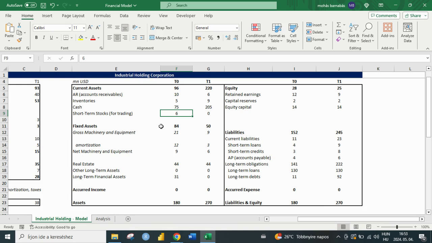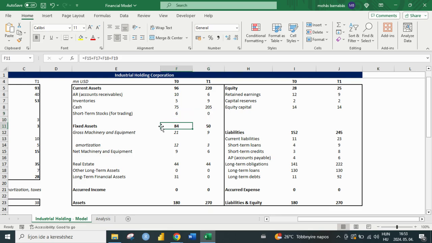And I wrote that it's for trading, which means that probably they don't have any further idea concerning the equities they bought, what to do with them. They are just holding them to make some financial return for the company. But it's not a substantial equity for this corporation. So you can see that in the next year they have sold everything.